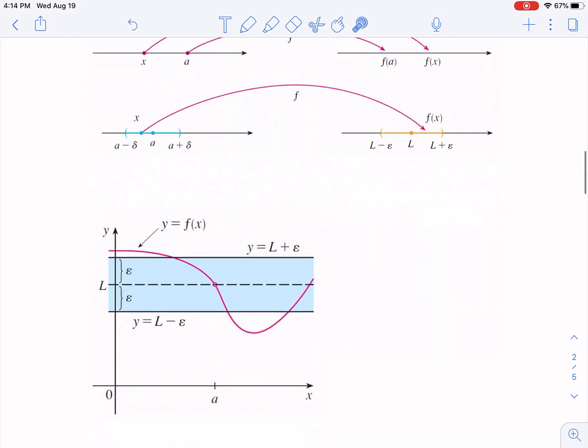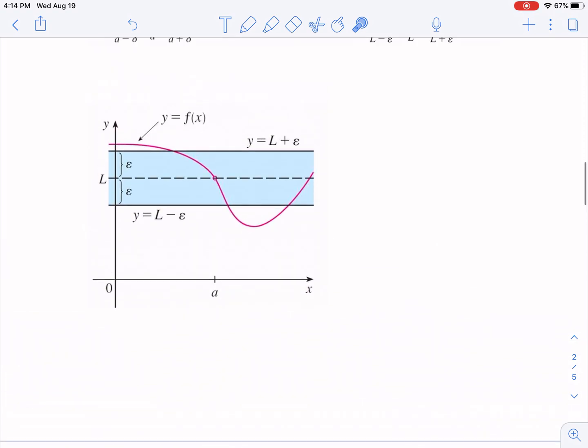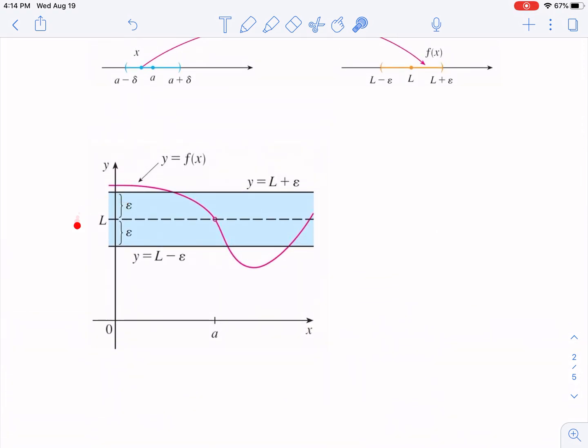So let's take a look at the graph right here. You see right here is the limit, and this is epsilon, and this is our a. Okay, so we need to find a delta that's close to a. So the limit, we have the distance from the limit, and the epsilon is going to be small.